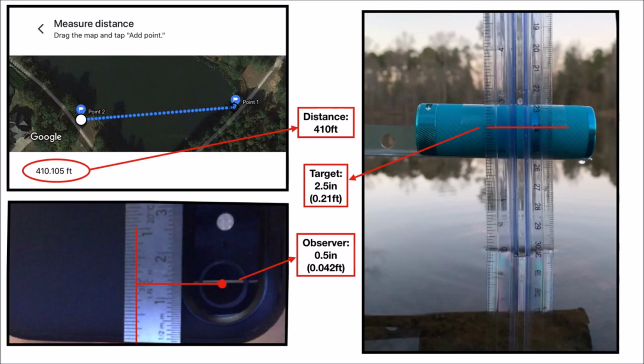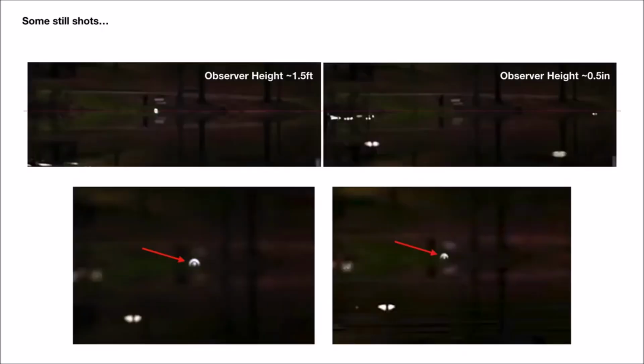And you can see that I took the 2.5 inches for the height of the light, which was being generous. I didn't do the top of the light, which the whole light disappears, but I'm just going to do the middle of the light. And so some still shots again. As I'm about 1.5 feet off the water, you can still clearly see the light, and you can see a little bit of reflection on the water with the light, but the light is still visible.